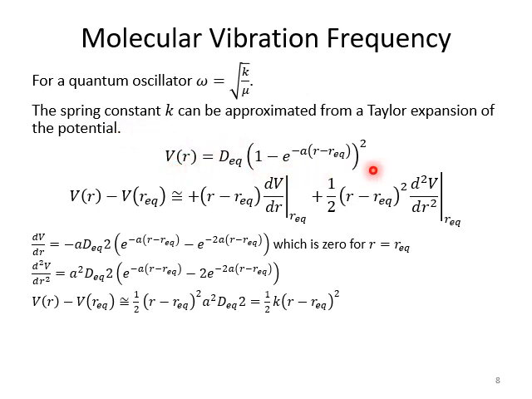And what we're going to do is approximate this Morse potential using a Taylor expansion. And here are the first two terms in the Taylor expansion. It turns out that the first term is 0. Well, it should be 0 when expanding about the equilibrium distance, because the potential goes down to a minimum at the equilibrium distance. So the first term is 0.